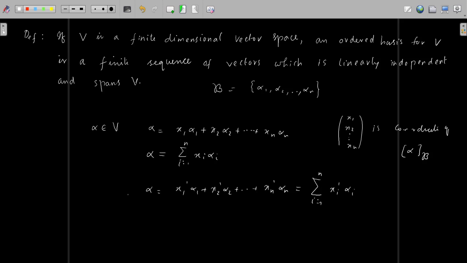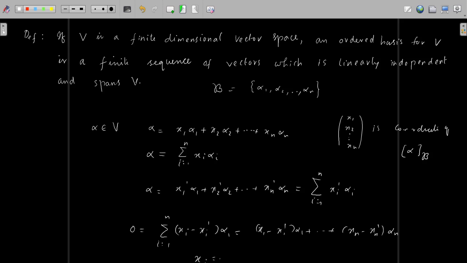Then by subtracting, you get 0 equal to the summation i equal to 1 to n of (xi minus xi prime) times alpha i. So this shows that (x1 minus x1 prime) alpha 1 plus etc. plus (xn minus xn prime) alpha n equals 0. Since alpha 1, alpha 2, alpha n are linearly independent, whenever this linear combination is 0, each coefficient is 0.